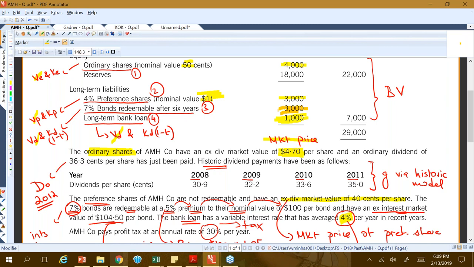Par value is 100, and the market price of the redeemable debt given in the question is 104.5.